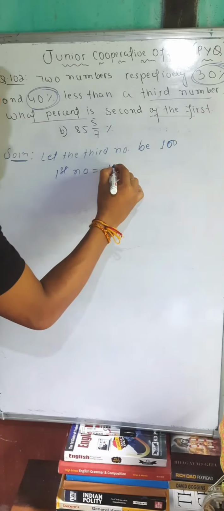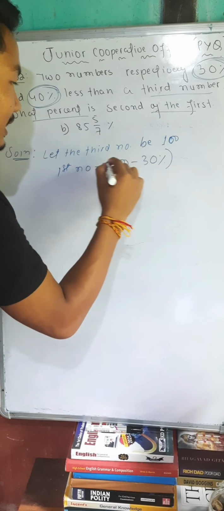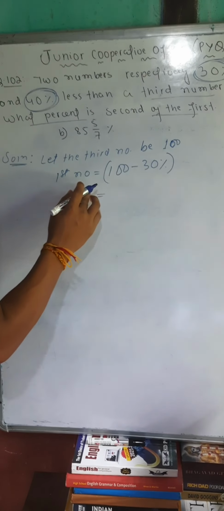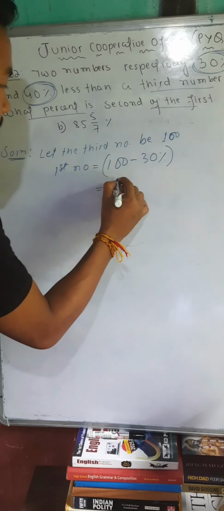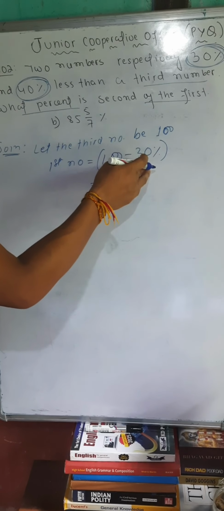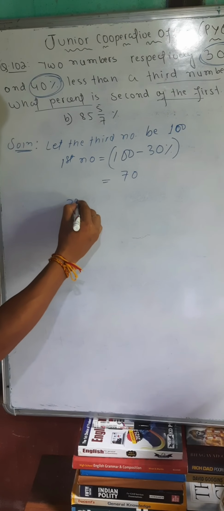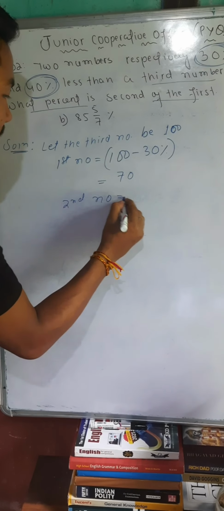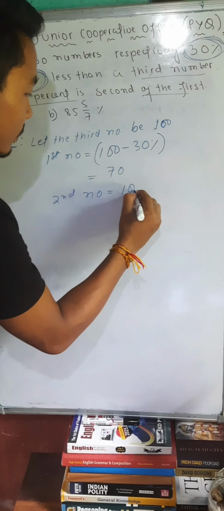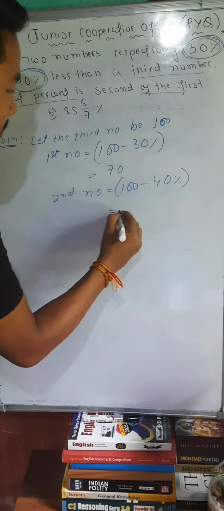The first number is 100 minus 30% of the third number. 30% of 100 gives us 30. So 100 minus 30 gives us 70. The second number is 40% less than the third number. So from 100 we have to subtract 40%, which gives us 60.